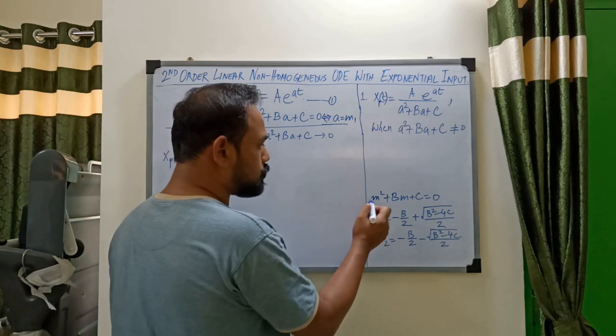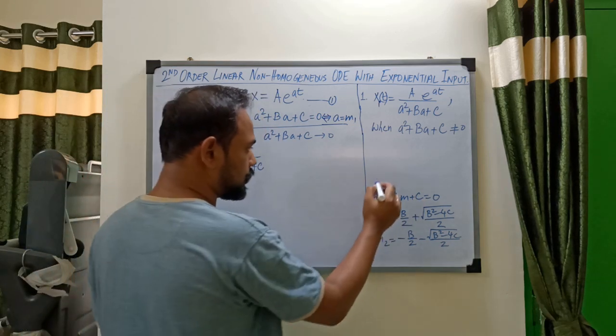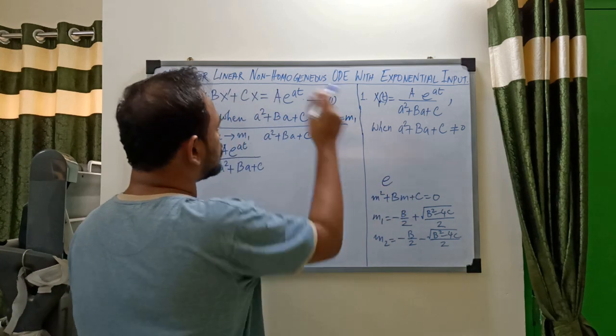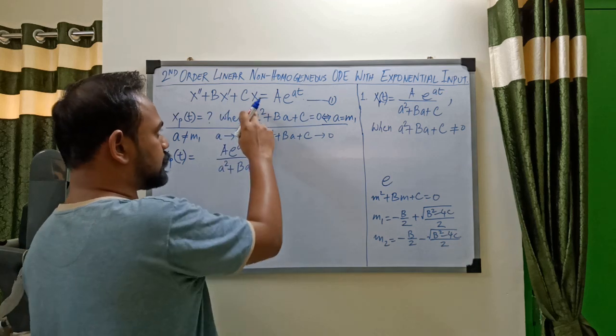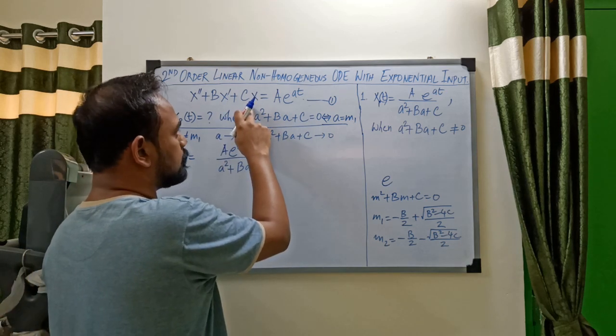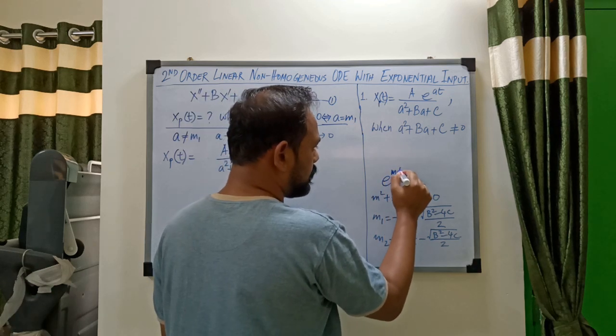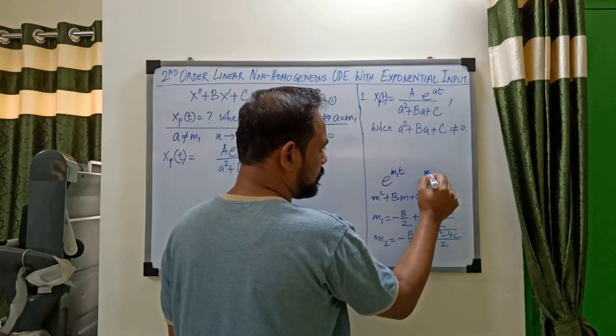So if M1 and M2 are the two roots of this quadratic equation, the two homogeneous solutions satisfying the homogeneous form of this differential equation, that is with 0 right hand side, are e to the power m1t and e to the power m2t.